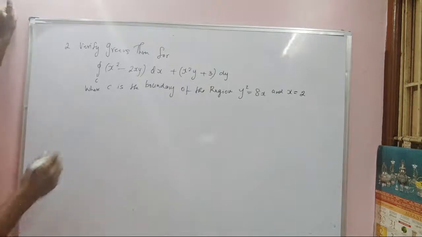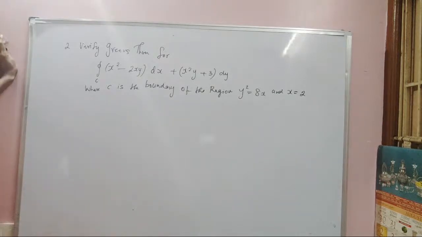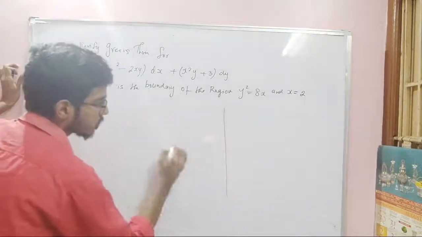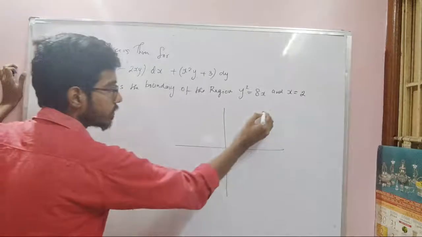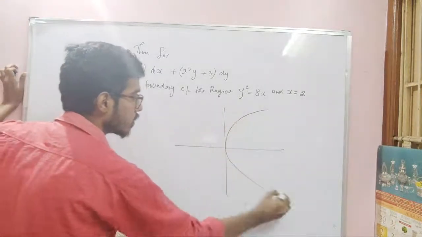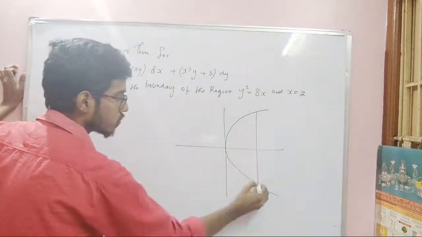Now first we need to find the point of intersection to find the x limit, and the y limit comes from y square is equal to 8x. That means y is equal to plus or minus root 8x. So y square is equal to 8x means it opens rightward, and x is equal to 2.